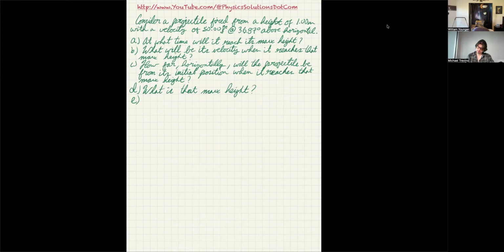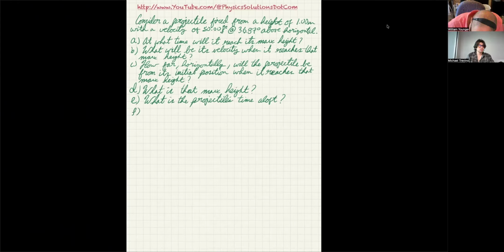E, what is the projectile's time aloft, which means the same thing as hang time? So, what will be the projectile's time aloft means how long is its hang time?